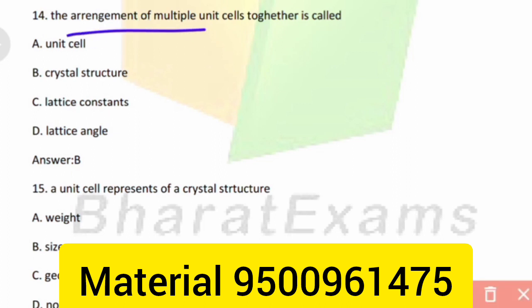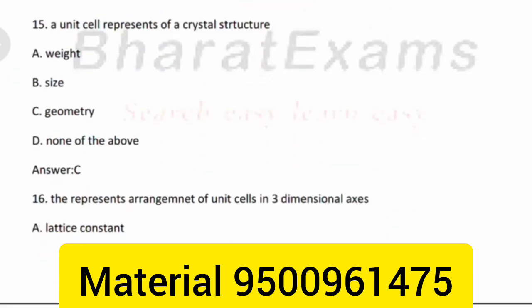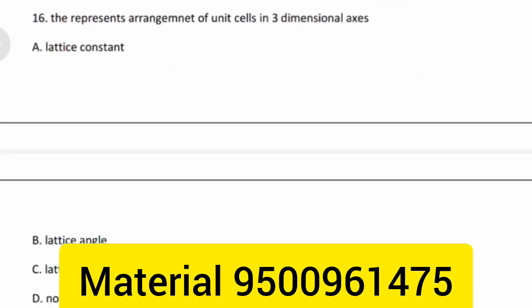The arrangement of multiple unit cells together is called crystal structure. A unit cell represents the crystal structure geometry.